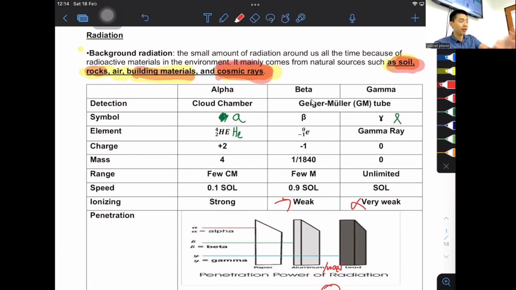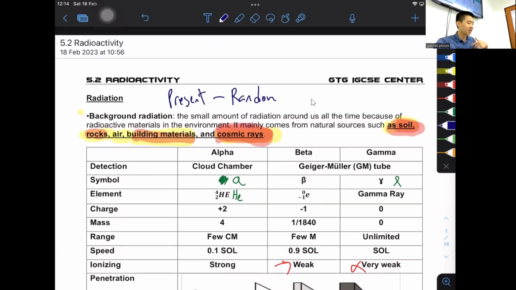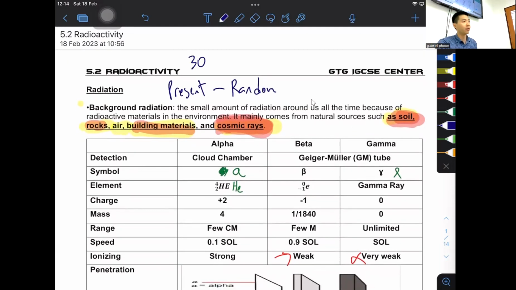Write these 2 down. Then the second thing they'll ask about background radiation is to name the 2 characteristics of background radiation, which is always present, wherever you go, it's going to be there, and it's always going to be random. What do I mean by random? Background radiation is randomized in a way that it fluctuates up and down. At this instant maybe the radiation count is 13.